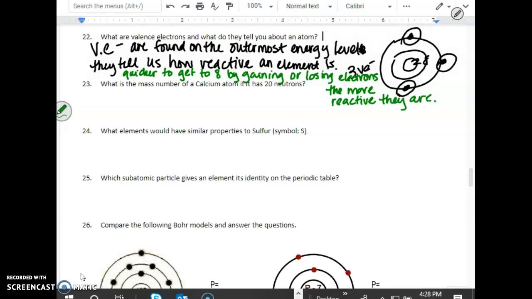So that means group 1 and group 17, because this one just has to get rid of 1, this one needs to gain 1. Because this one already has 7 valence electrons, so it just needs 1 more. These are the most reactive.